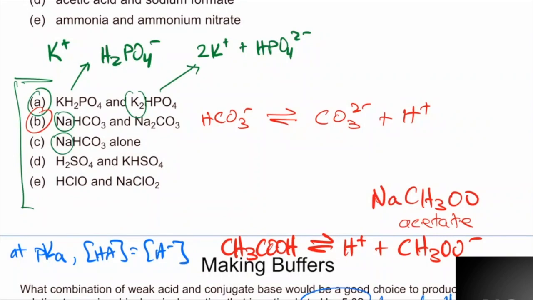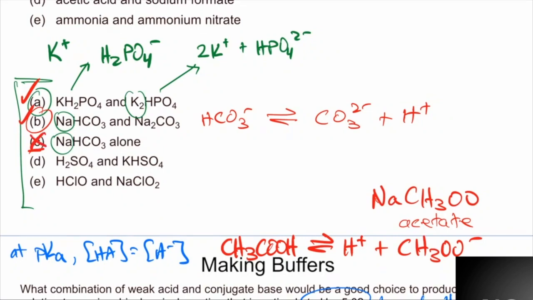So these two form an acid-conjugate base pair system, so they would form a good buffer. But C, having sodium bicarbonate alone, by itself, is not a buffer. It needs to have a conjugate to come along with it. Is the first one a buffer? Yes, the first one is a buffer. So yes, yes, no.